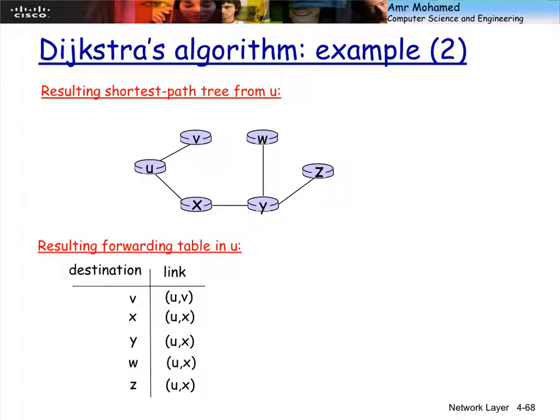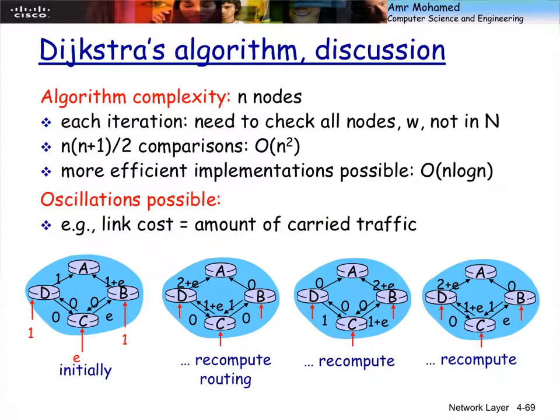Okay, so from the global view, we calculate the shortest path tree. From the shortest path tree, we can easily calculate the forwarding table, as we have done. Now we talk about one of the issues for Dijkstra, which is the possibility of oscillation.